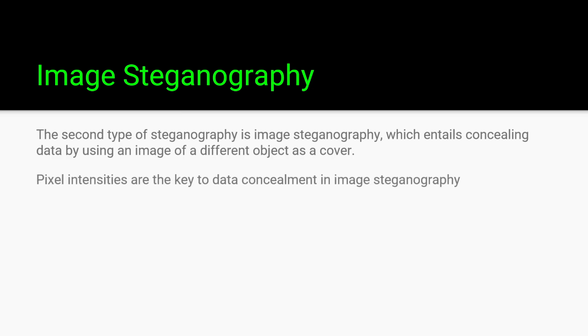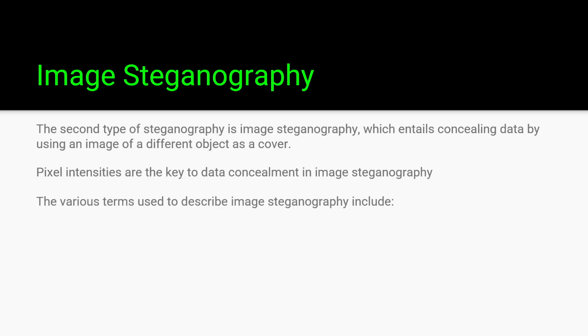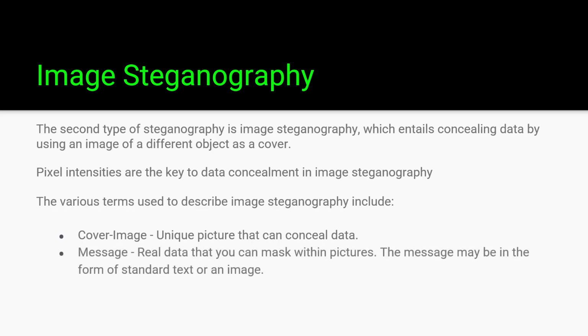The image steganography. Now the second type of steganography is image steganography, which entails concealing data by using an image of a different object as a cover. Pixel intensities are the key to data concealment in image steganography. The various terms used to describe image steganography include the cover image, a unique picture that can conceal data; the message, the real data that you can mask within the pictures.